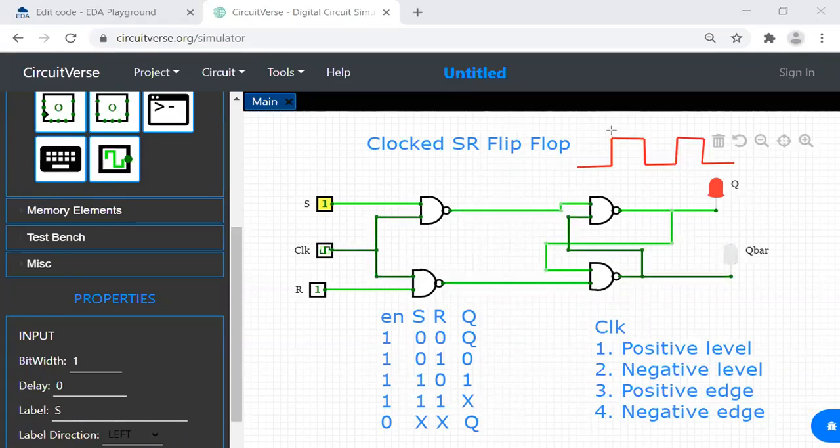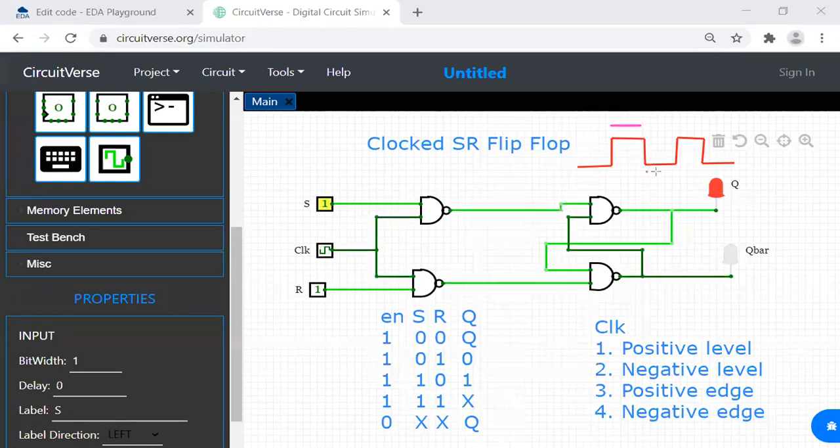Now in this clock, this duration over here, whatever you see over here, this is the positive level. As long as this is 1, from here to here, if your clock is 1, in this case, if your S and R change, your output will change. This is similar to an enable signal.